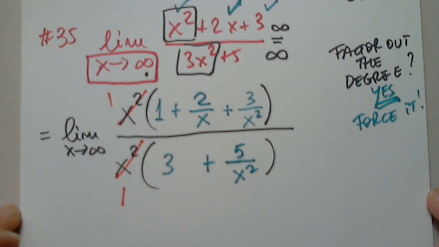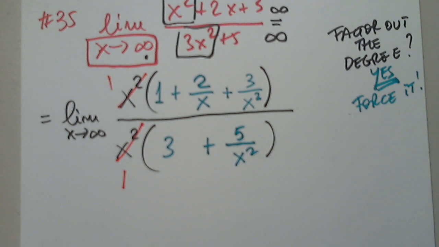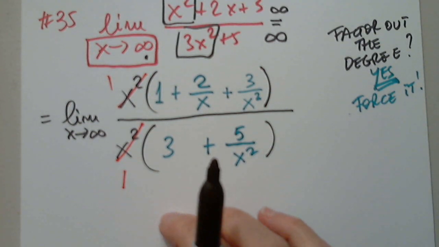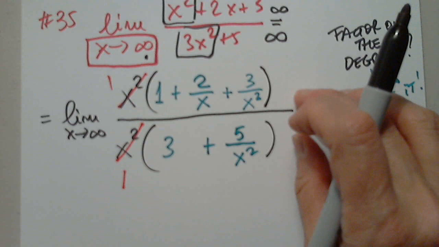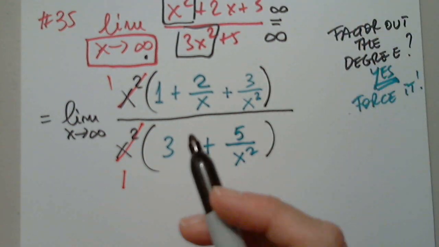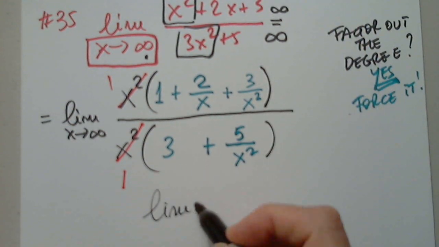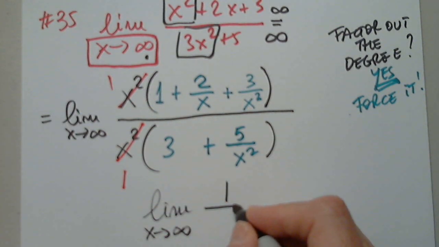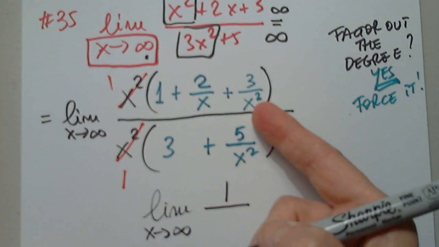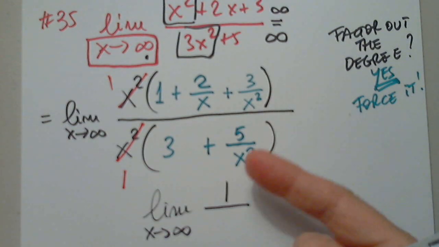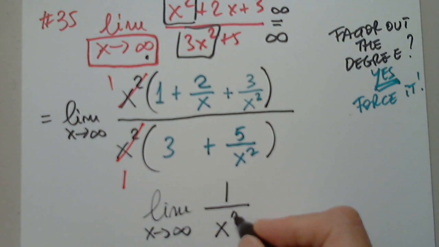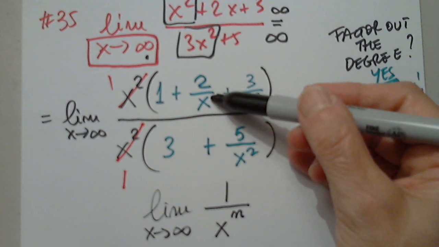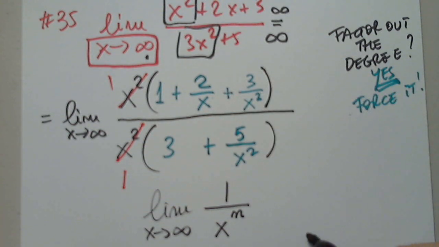And before we finalize this, I want to write something very important here. And now we can write the final answer, but not yet. The limit as x approaches infinity of 1 over x or x squared or x to the third, I'm going to say x to the nth power, because it can be 1, it can be 2, and so on and so forth, and positive.